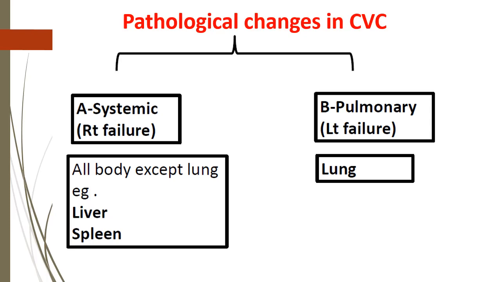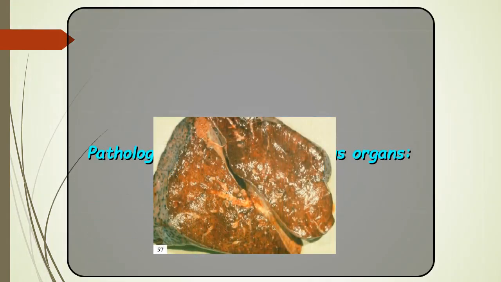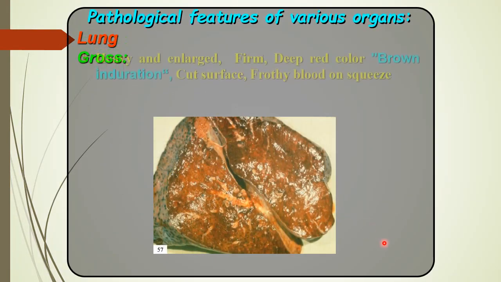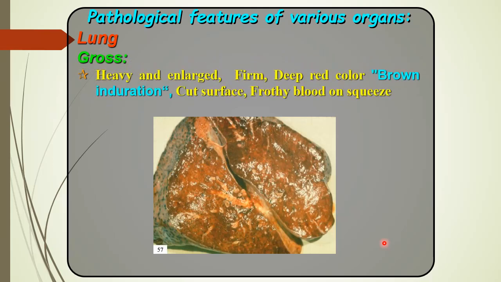As regards the pulmonary venous congestion, we will discuss the changes in the lung tissue. Also in your lab and museum sections, you will study the effect of the pathological changes in these organs in detail. We will start now with the lung tissue.